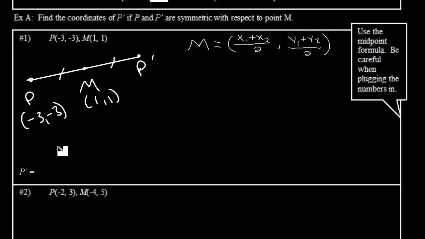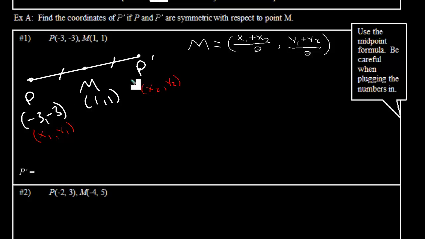For example, P, we'll say, is our first ordered pair. So we'll say that P is x sub 1, y sub 1. P prime, that's our other endpoint. We'll say that's x sub 2, y sub 2. And M, that is the midpoint, so there's no variables that are needed for that.